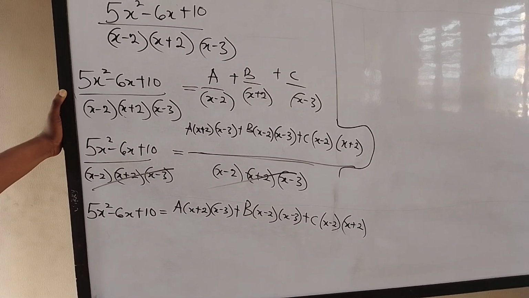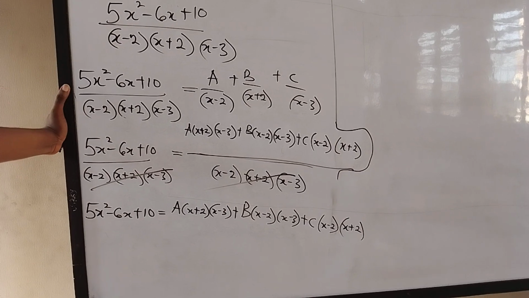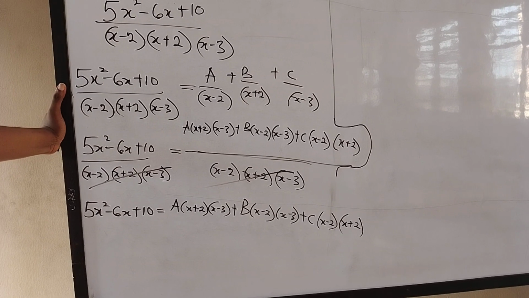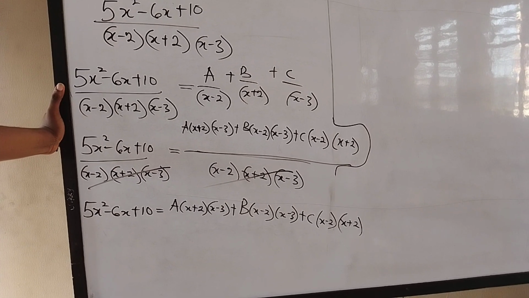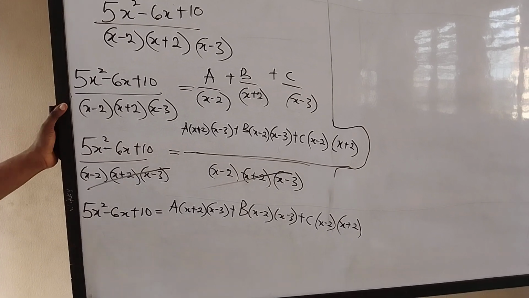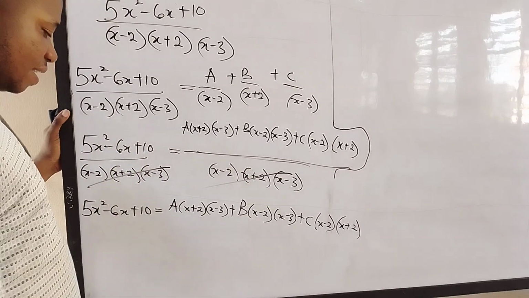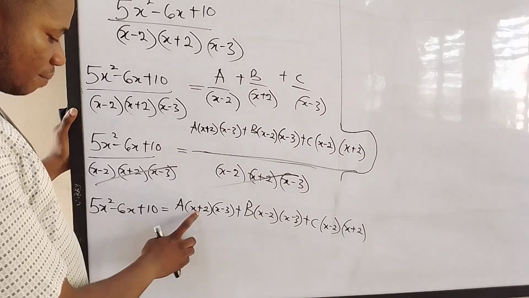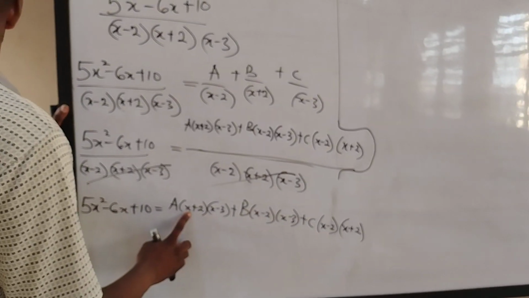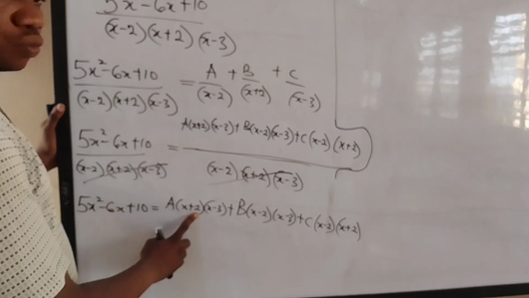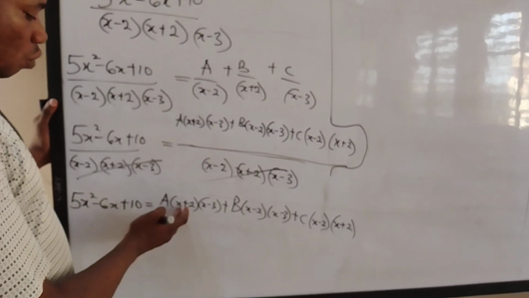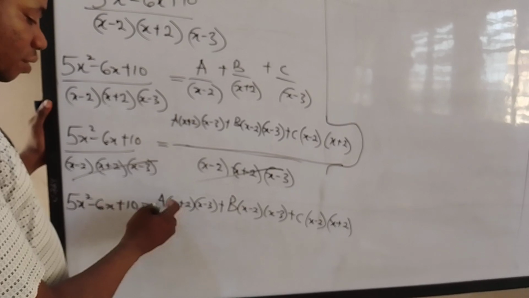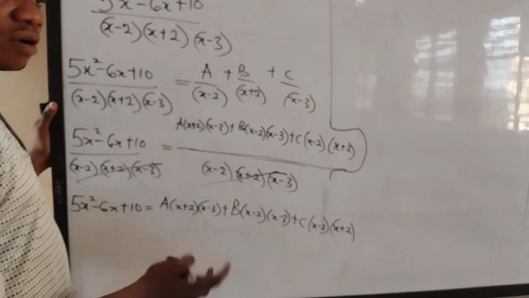What can we say let x be equal to? Of course, if we say let x be equal to -2, we find out that A and C will be eliminated, in the sense that if x is -2, we're going to have -2 plus 2, which is 0. So once the whole place here is 0, the entire terms become 0.